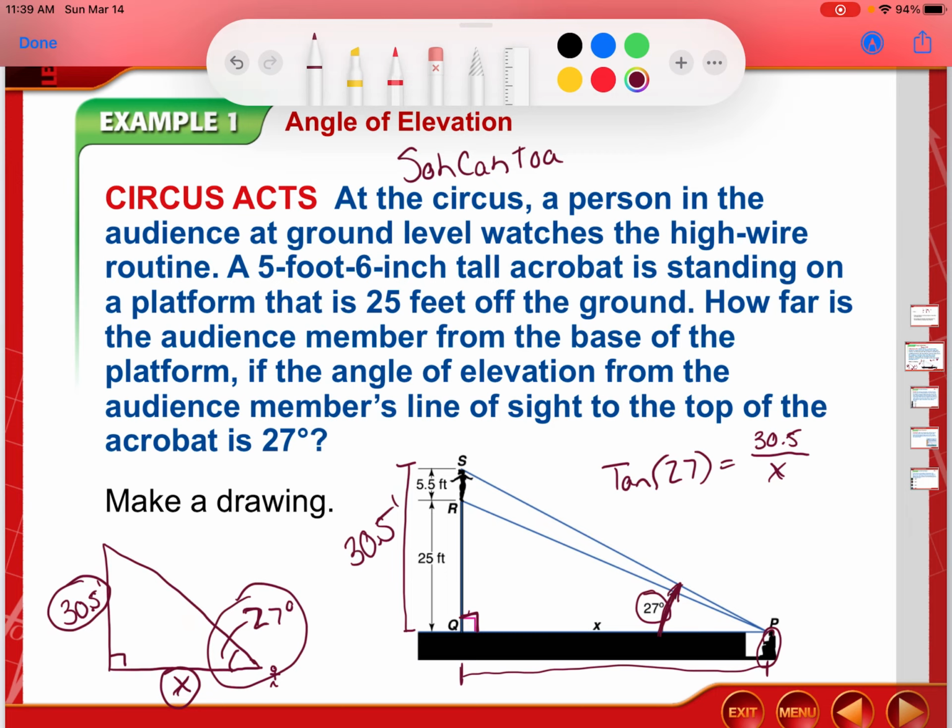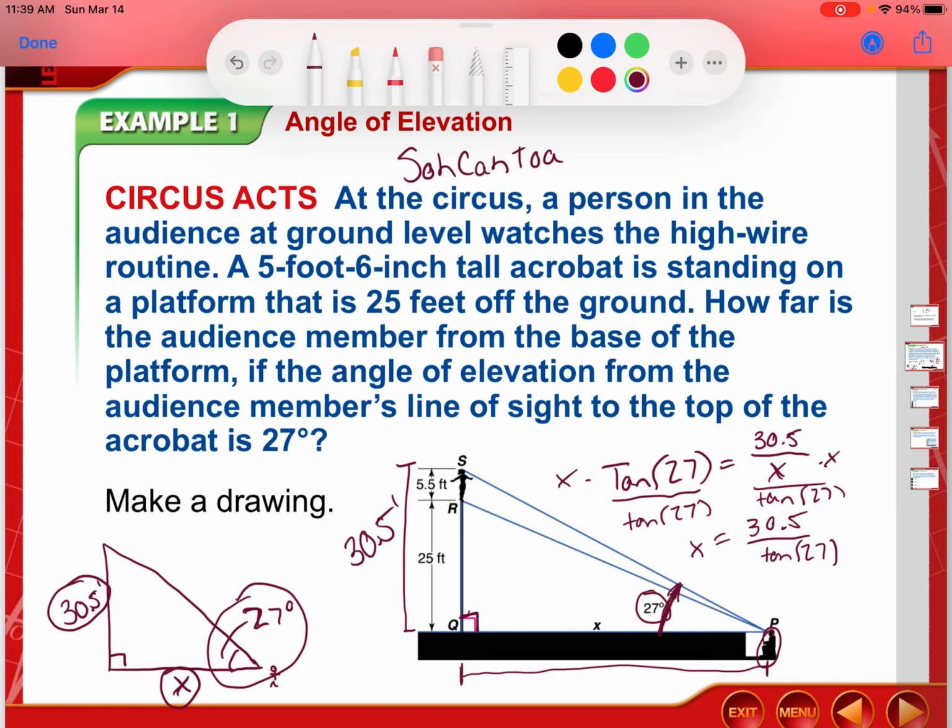Now I can go ahead and solve this for x. To solve this for x, I would multiply both sides by x, and then I would divide both sides by tangent of 27. So I'm left with x equals 30.5 divided by tangent of 27.